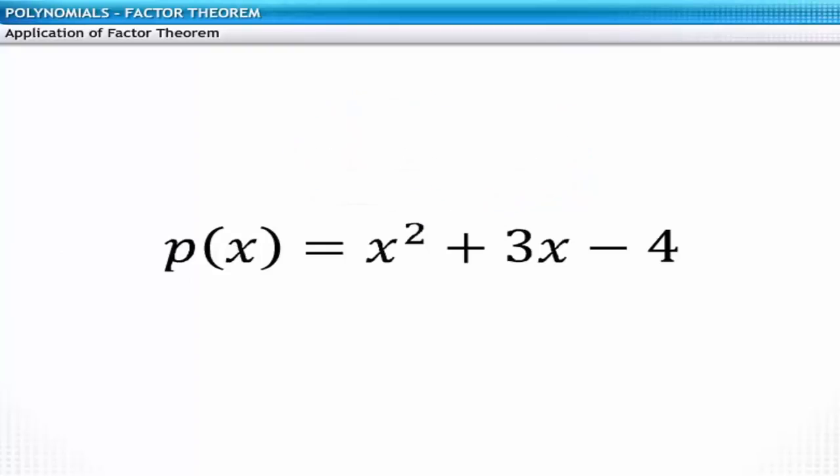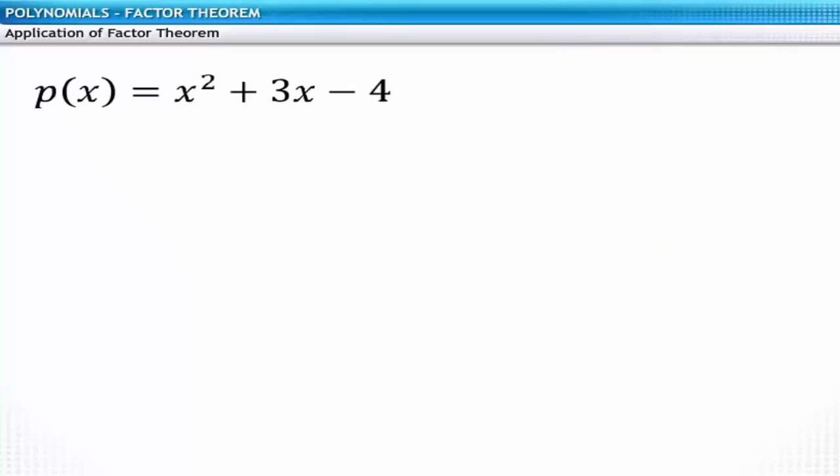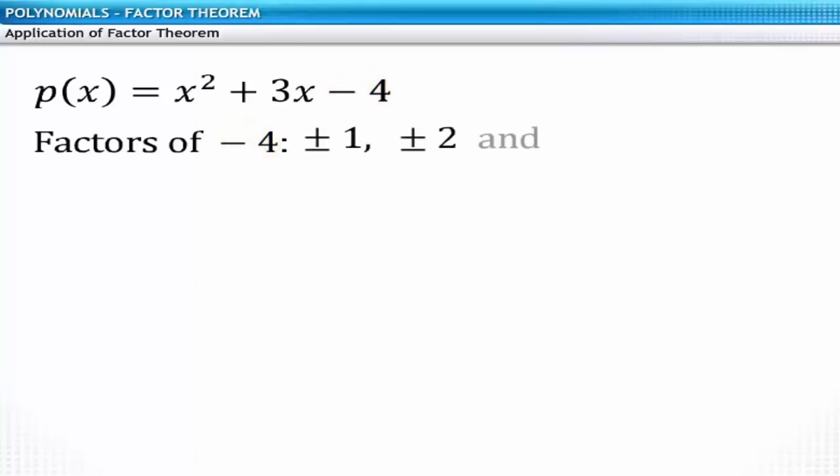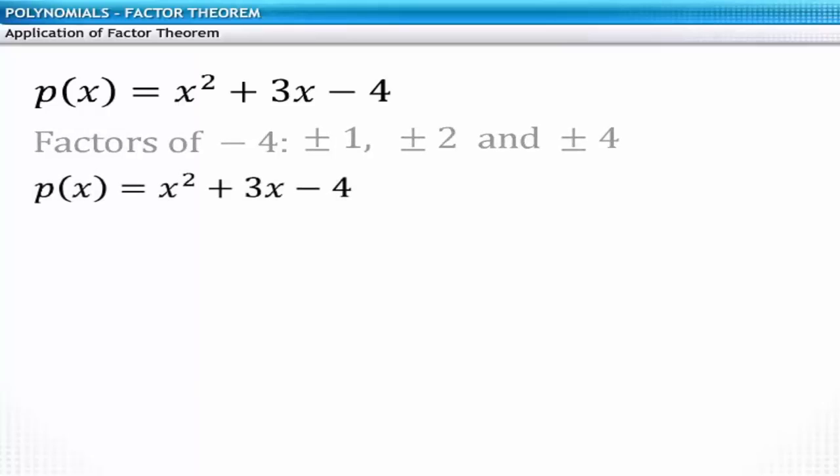We'll find the factors of the constant term minus 4. Next, we'll substitute the factors in the polynomial.